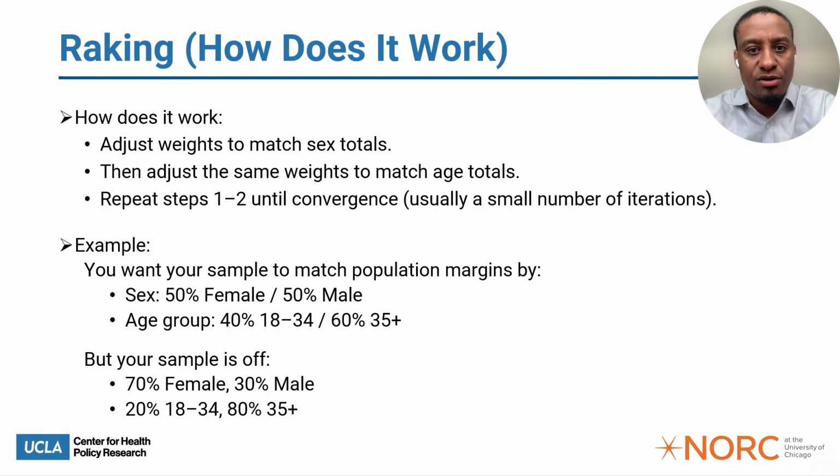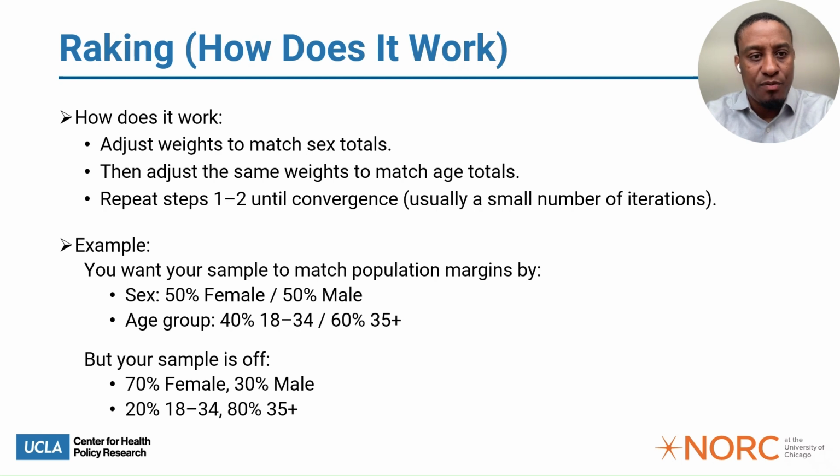In this slide, we are going to illustrate the raking methodology. This is a simple example to give you an idea of how it works. Imagine you have two variables, sex and age, and we want to adjust the weight using the raking methodology. We will start by adjusting the weight for the sex totals, so adjust for male and female.